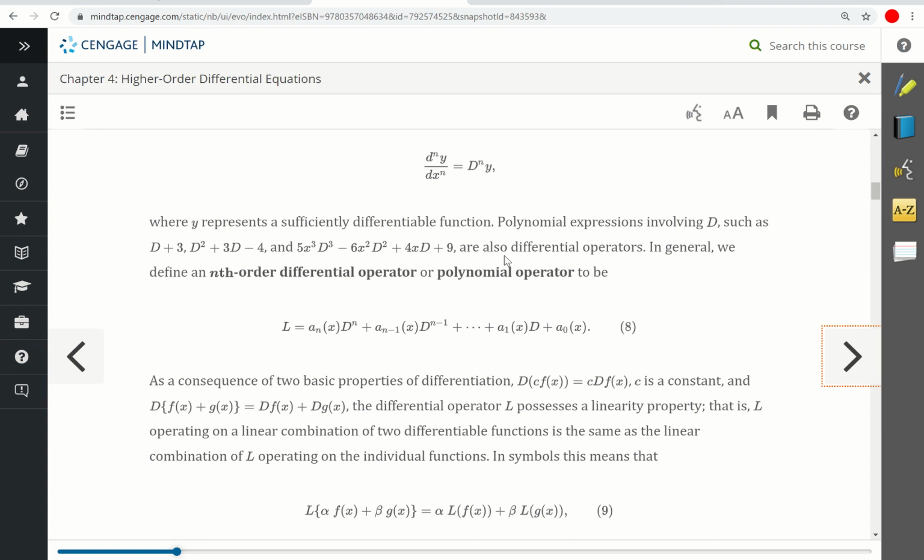In general, we define the nth order differential operator, which is how I'm going to describe it. Sometimes people also call it a polynomial operator, but it's of the form a_n(x) D^n + a_{n-1}(x) D^{n-1} + all the way down until we get to a_1(x) D, that'd be the first derivative, plus a sub 0 of x.